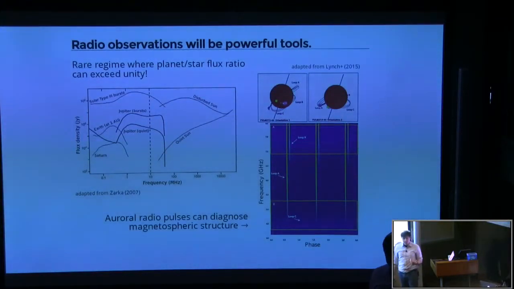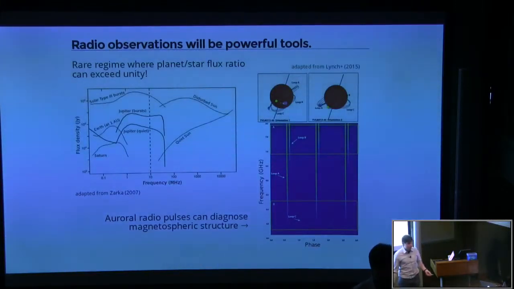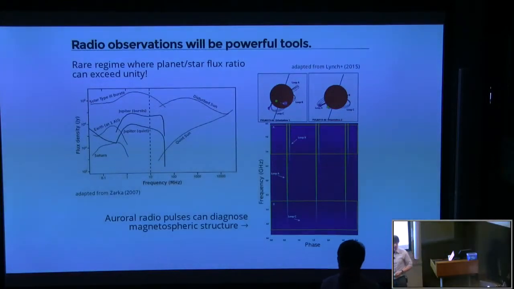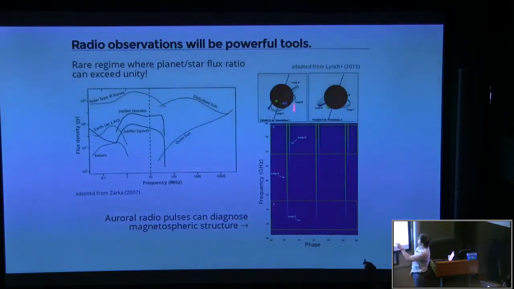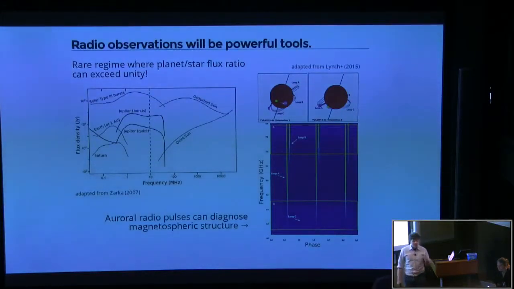Also, the characteristic frequency of the radio emission turns out to be the cyclotron frequency of the magnetic field. So if you detect radio emission at a certain radio frequency, you can read off the magnetic field strength right away. And this plot is showing, in this particular observation, 3 bursts that you see every rotation, which help you infer that there are 3 magnetic loops, where there's probably more magnetic loops, but these are the 3 where there's some kind of current system that's driving the auroral phenomenon.